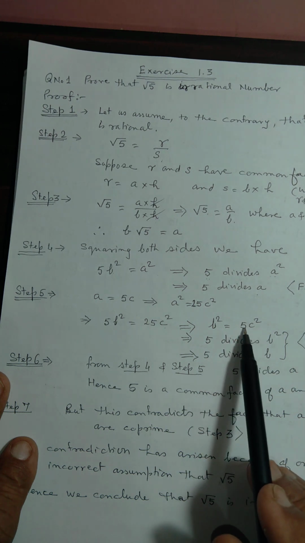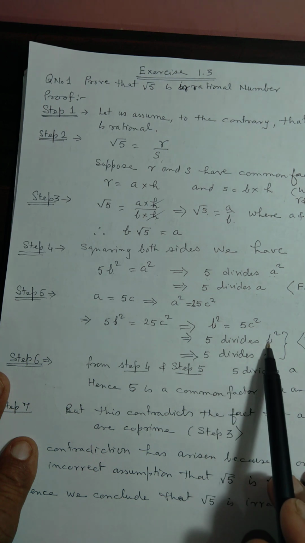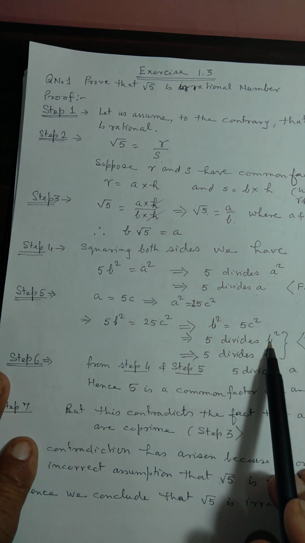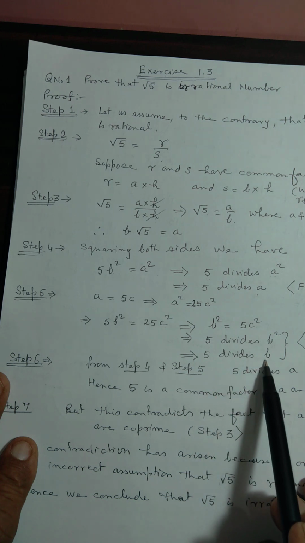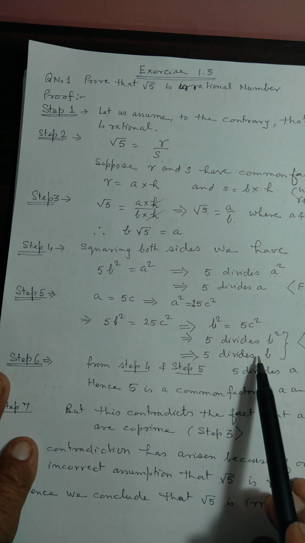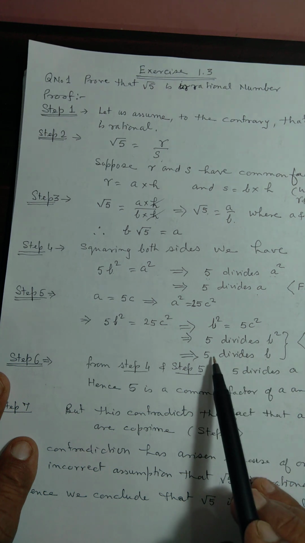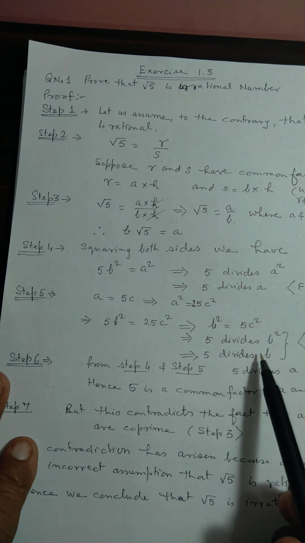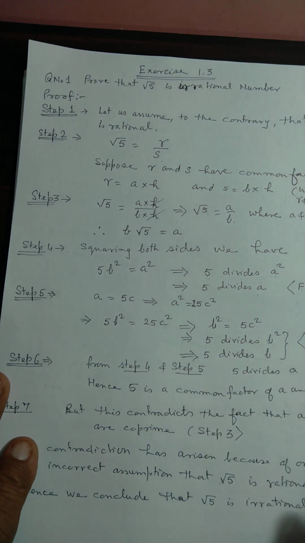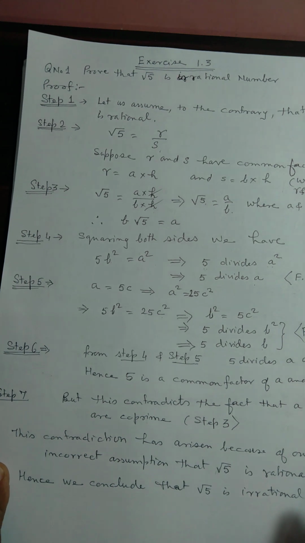Now you see 5 divides b square. 5 divides b also. If it divides b square, it will divide the number, that is b. So b will also be divided by 5. It is according to the fundamental theorem of arithmetic. Now step 6.